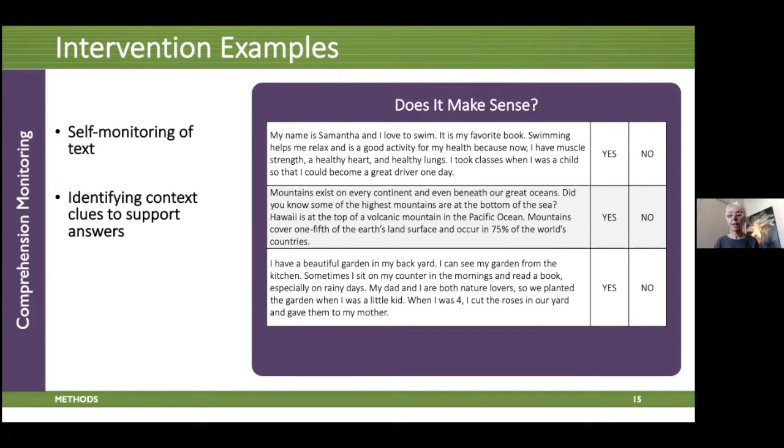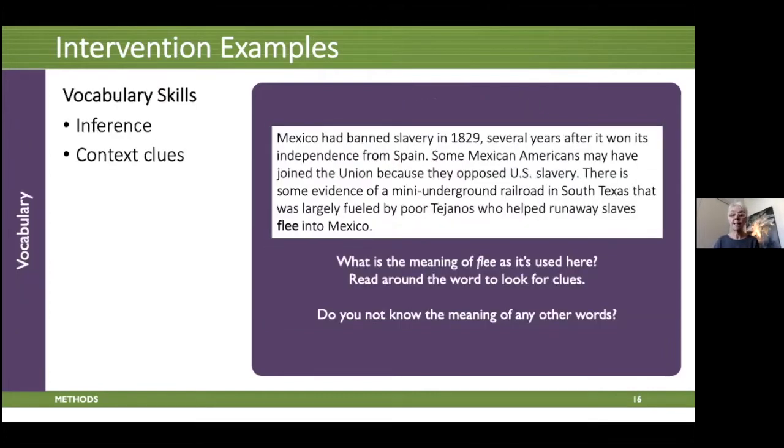And so you can see here are some examples of the text that we would use. And we would ask students to both look for whether it makes sense and then to identify the word or words that don't make sense when the answer is no. In addition to this, we found it helpful later on for students to learn how to repair or replace the text that doesn't make sense with text that did make sense.